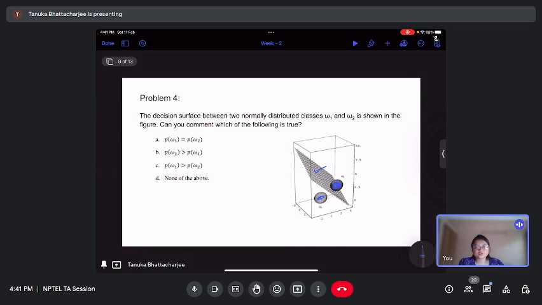If you have higher probability of class omega 1, you should have more chance of classifying data points to class omega 1. So your decision boundary will be shifted towards omega 2, and more region is allotted to class omega 1. Similarly, if class omega 2 has higher prior probability, your decision surface will be shifted towards class omega 1. In this case, the decision surface is shifted towards class omega 2, so probability of omega 1 is higher than probability of omega 2.